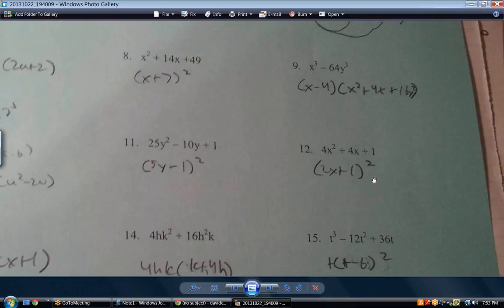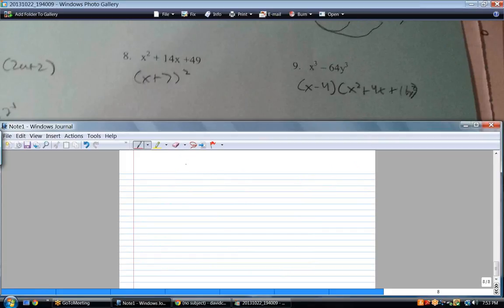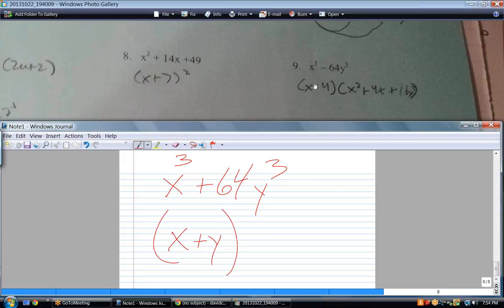It's the opposite of difference of cubes. In other words, if you know difference of cubes, let's say this was a sum, since I can't see the other problem. Let's say I had this. Well, change the sign on this, change the sign on that, and change the sign on the other. That's all there is to doing sum of cubes.